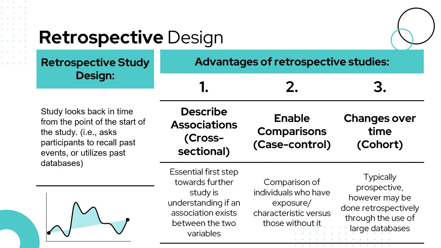What I can do from there is work my way backwards, because remember, this is a retrospective study, the events have already gone on, and I can see what they were exposed to in terms of food, right? Maybe what I find is that the cases mostly ate tuna salad, and in the control group, they didn't eat tuna salad at the potluck dinner.